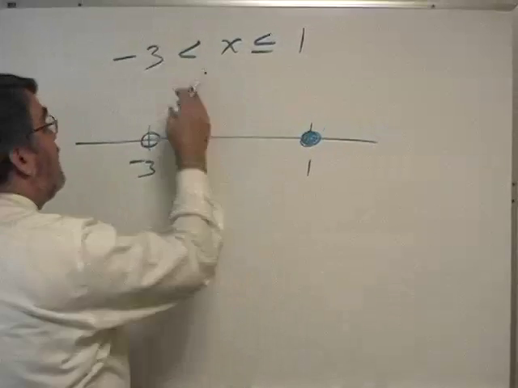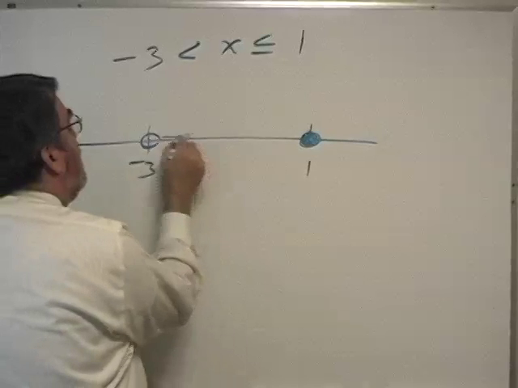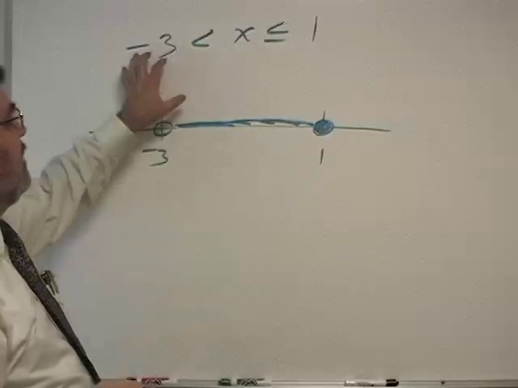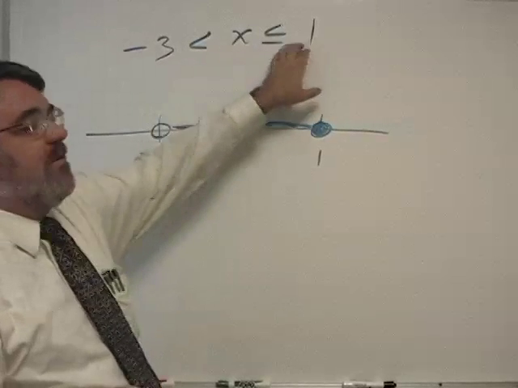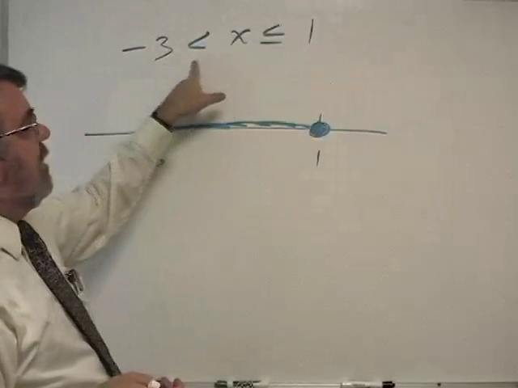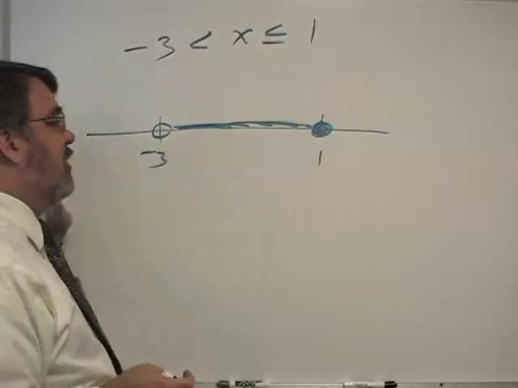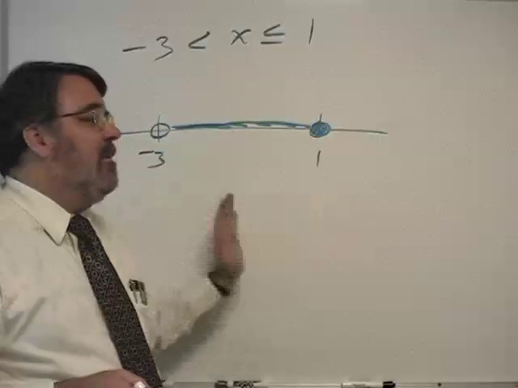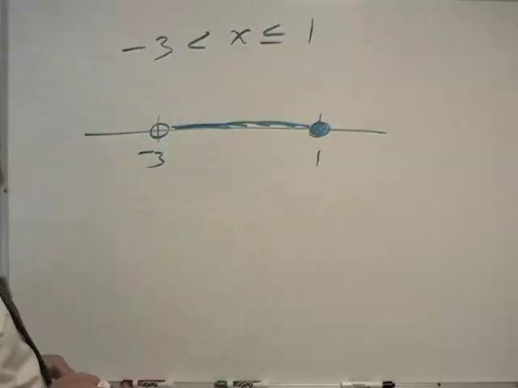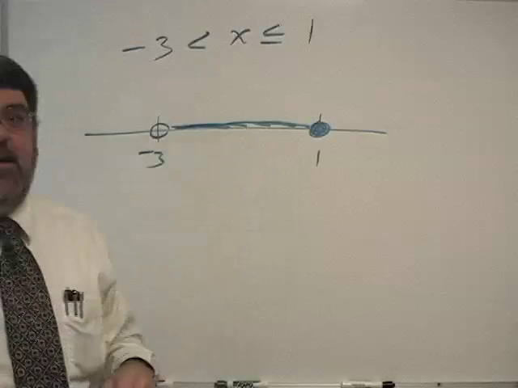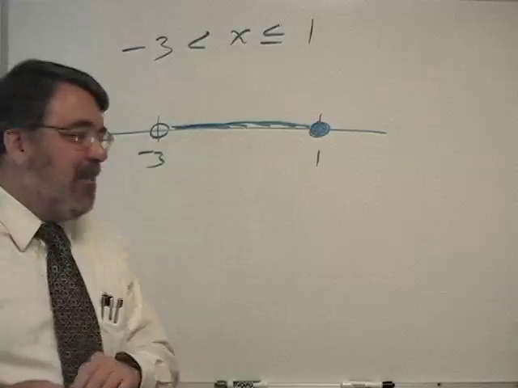And what do we do? Well, x falls between these, and so we shade in between. Notice how this inequality reads, -3 is less than x, this is less than 1. And so we have a string here that really says -3 is less than 1. So it moves from lower to upper, from low to high. Alright, so here we have our interval, which incidentally is called a half-open interval.